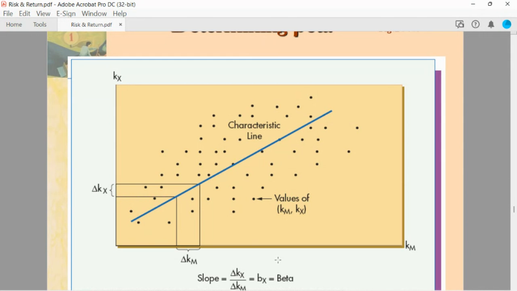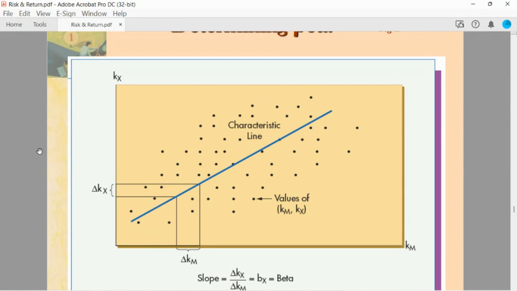This plot is not necessarily in chronological order. Whatever the S&P 500 return was in January 2016, whatever Apple's return was in January 2016, that's a point. So we get 60 plots, 60 data points.